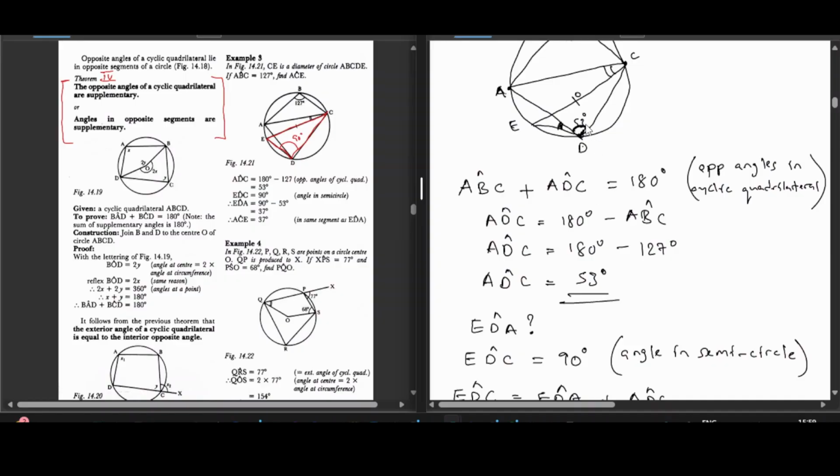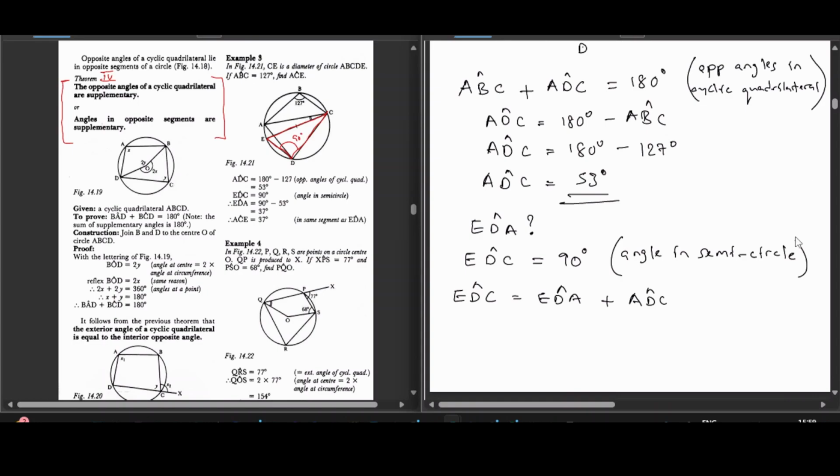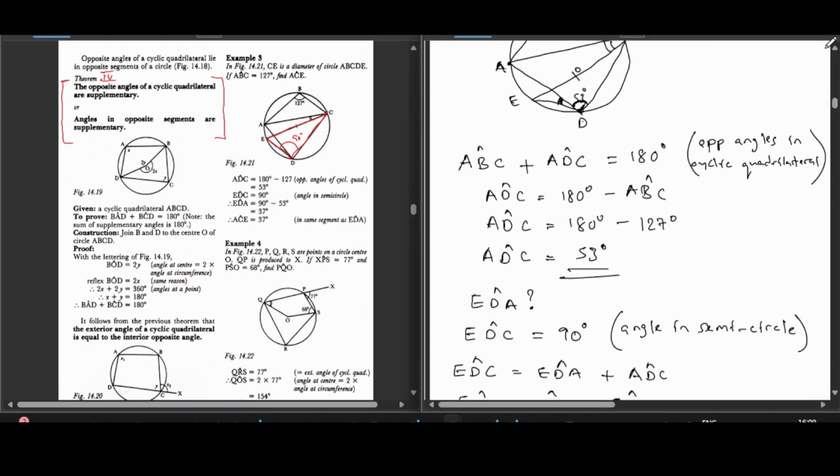We see this is 53. So the small angle plus 53 must give 90. So we have 90, which means here we want this angle EDA. So we make EDA the subject of the formula: EDC subtract ADC gives us EDA. So EDA is 90 minus ADC, which is 53 degrees, and we get 37 degrees. This means that the small angle is 37 degrees.